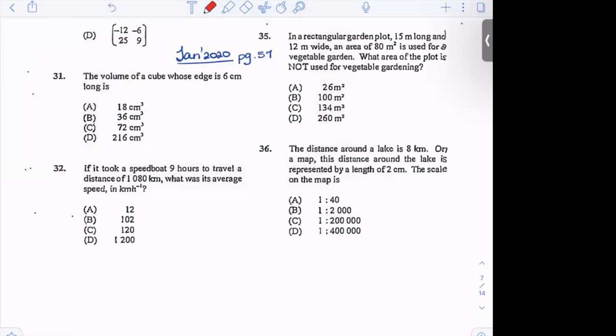Yes, miss. Check in your booklet, January 2020 on page 57. Did we complete that yesterday?